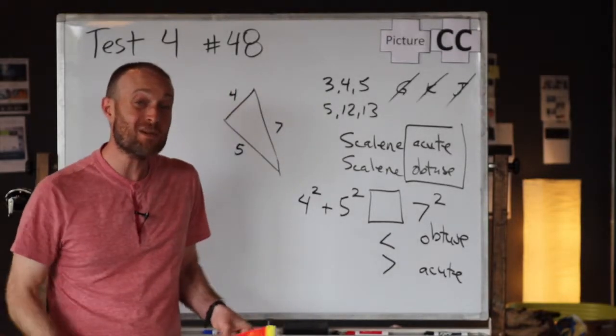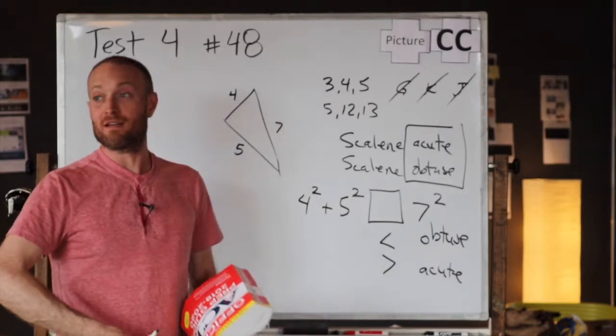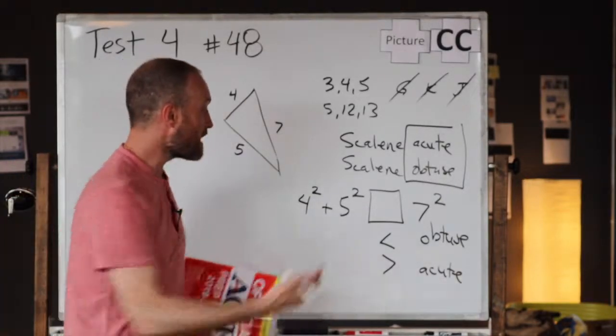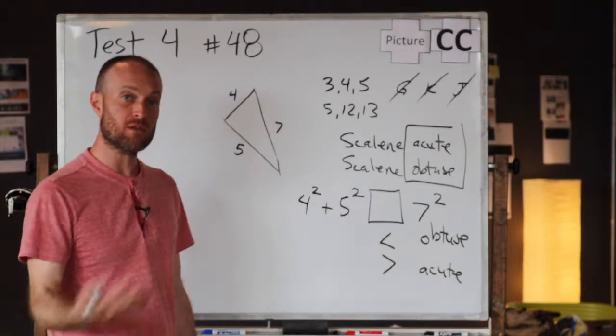If it's greater than, it's going to be acute. This is something that you've got to know; you have to have the knowledge that this is how you determine acuteness or obtuseness of a triangle.